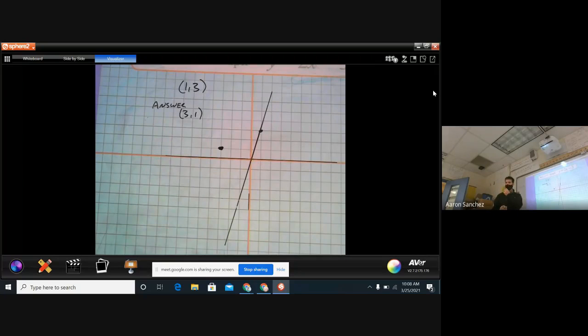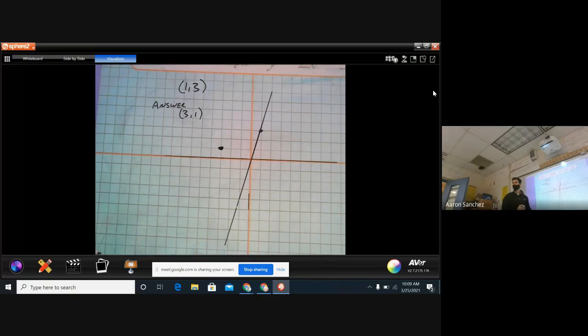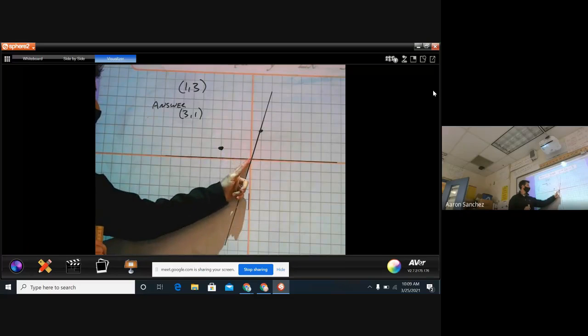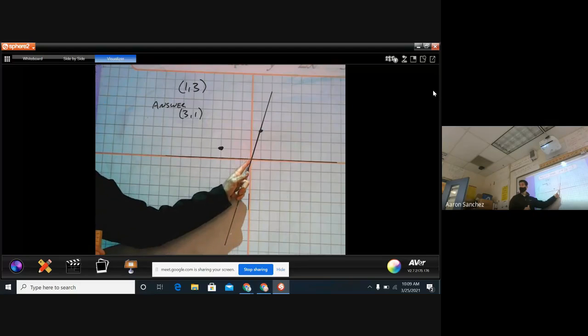It'll be that point. So which one's my positive? Which one's my negative? Is it the 3 that's negative or the 1 that's negative? Or the 3 positive and the 1 positive? Well, remember, I'm right here. This direction, remember, isn't on the number line?